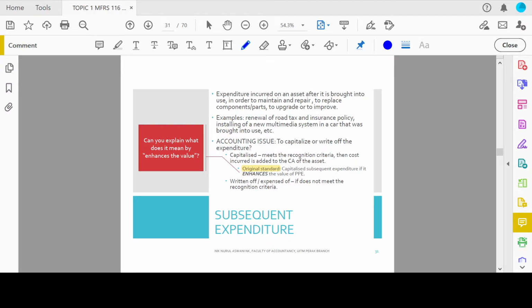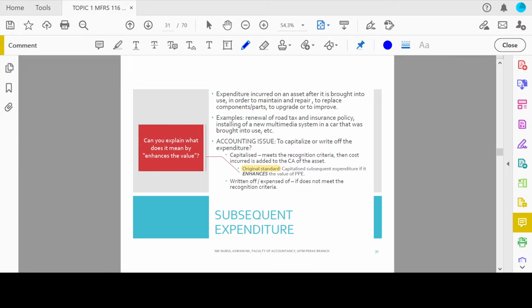So you have to look at whether the subsequent cost could increase the value of PPE, increase the productivity of PPE, increase the capacity of PPE, increase the estimated useful life of PPE, or increase the revenue of PPE.